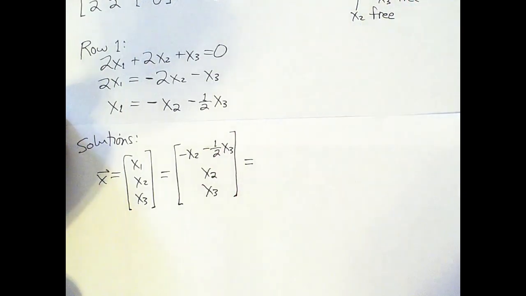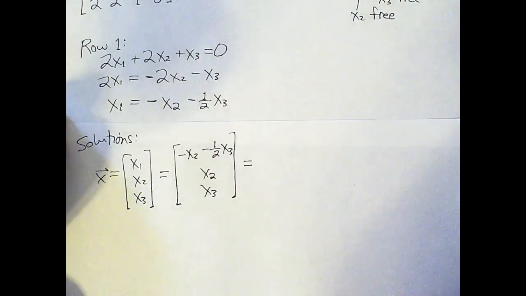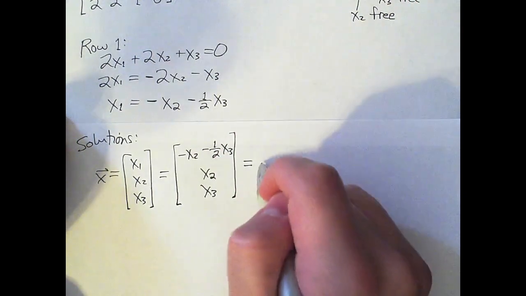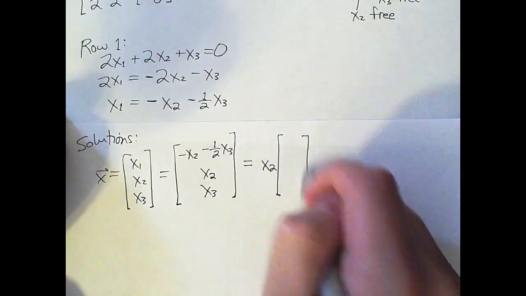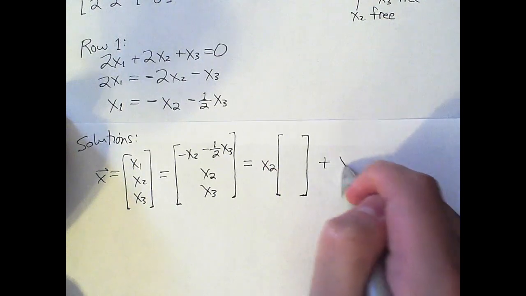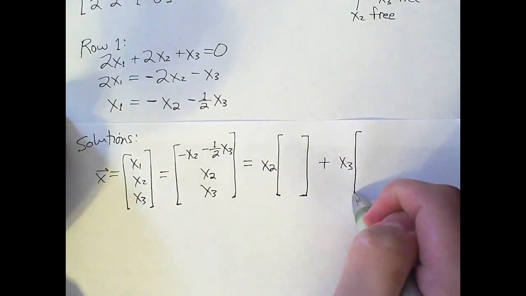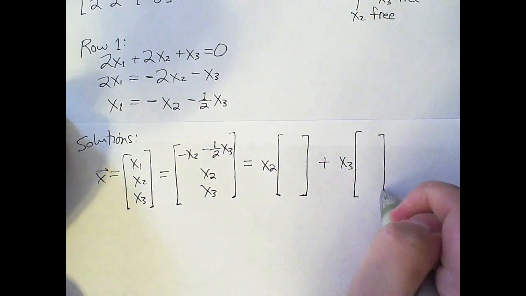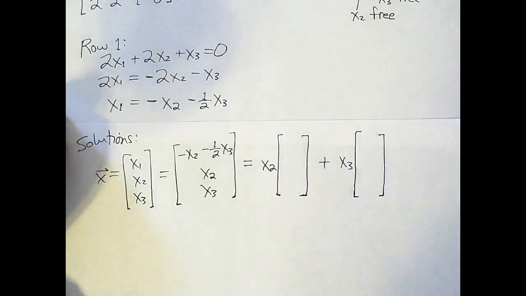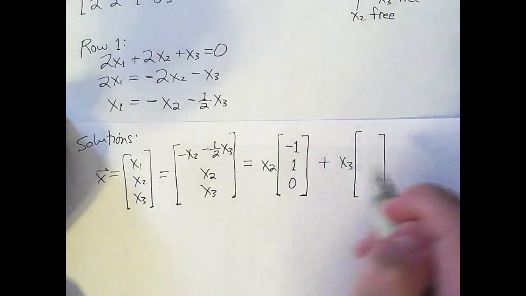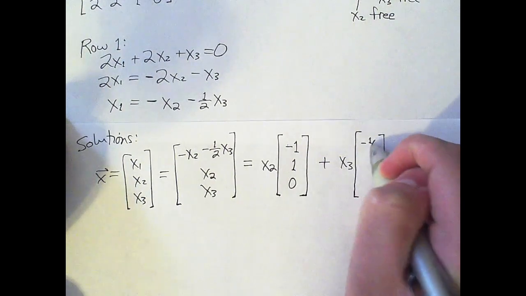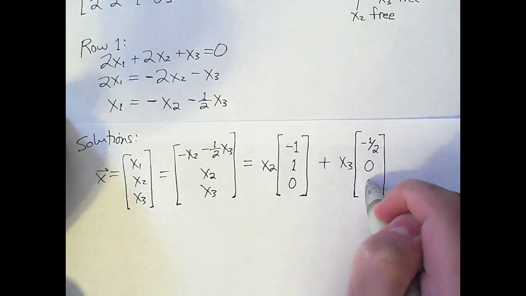So for parametric vector form, this time, because there are 2 free variables, we should pull out x2 times a vector, and x3 times a vector, because those were both free variables. And when we do this, you get negative 1, 1, 0, and then over here you get negative 1/2, 0, 1.